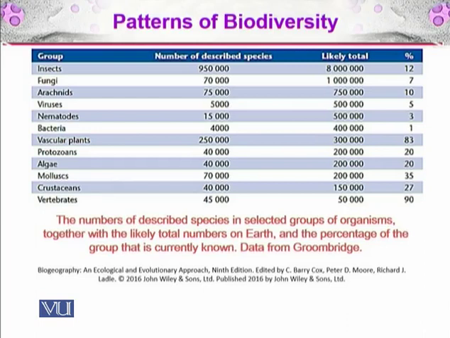Here you can see that only 12% of the insects are currently known: the total may be 8 million, and out of those we have just identified 950,000 insect species. And so is the trend for the other organisms, and we have yet to describe and identify 10% of vertebrates as well.